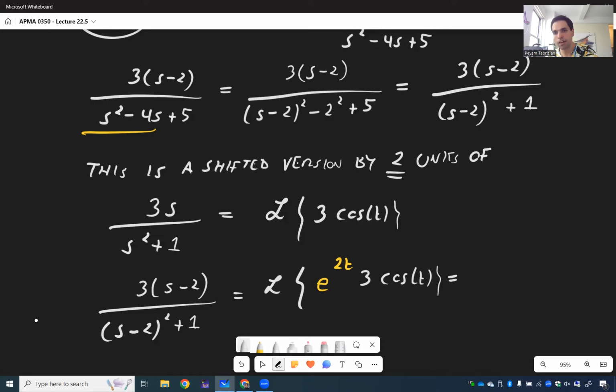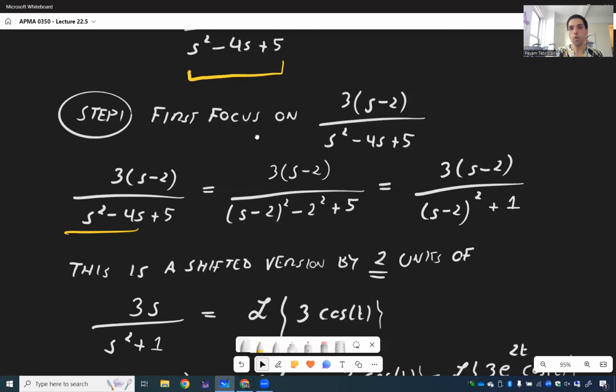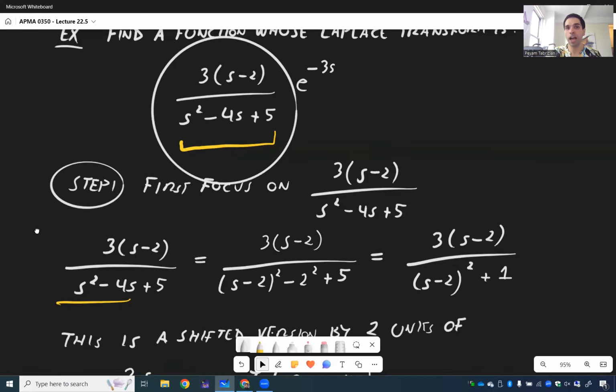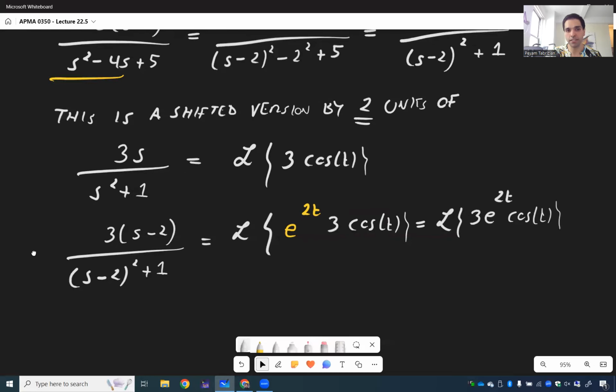If you want the Laplace transform, you can say 3 e to the 2t cosine of t. Now, that was the thing without the exponential function. So we just focused on this part so far. And now let's see what happens when you add this e to the minus 3s.